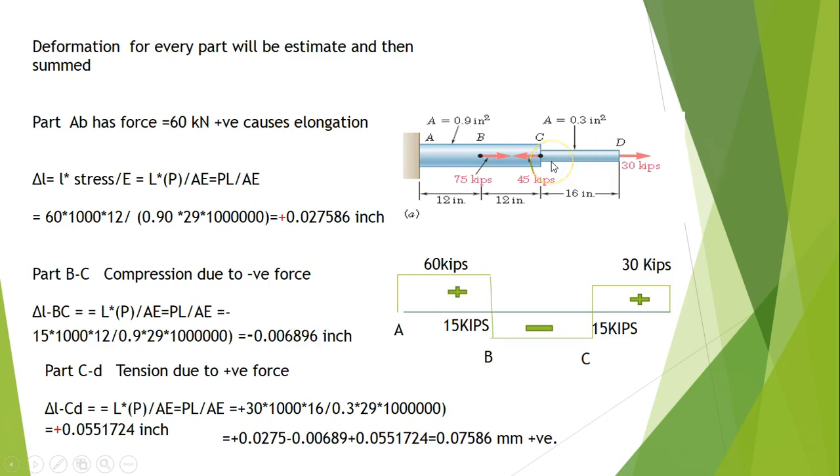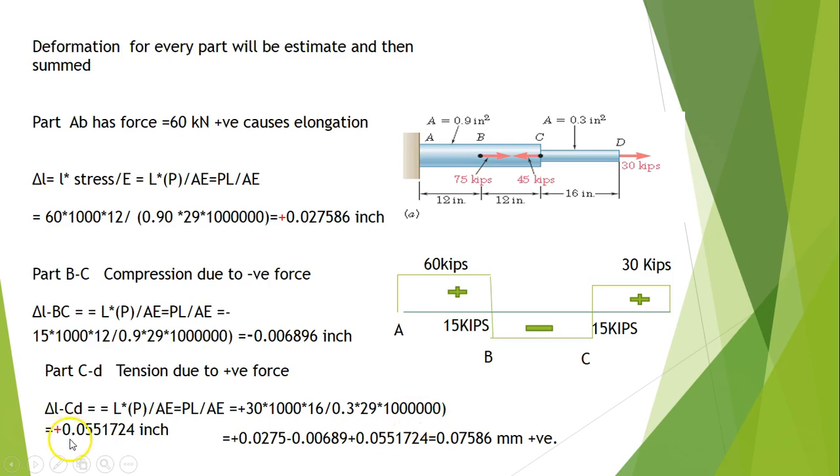We come to the last and third portion, which is acted upon by a 30 kips tension force, which will yield positive deformation. So delta L CD is equal to the force multiplied by the length of portion CD, divided by the cross-sectional area of that section CD, divided again by E. Starting from the force, 30 by 1000, multiplied by the length, which is 16 this time, divided by the area, which is decreased, becoming 0.3, divided again by 29 times 10 to the power of 6.